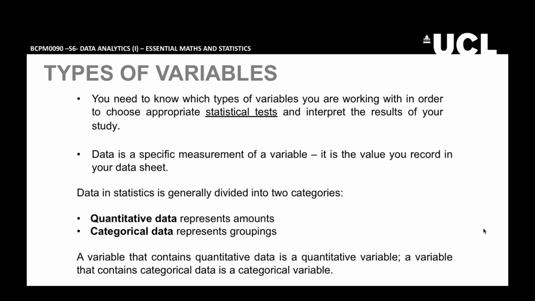We can find two main categories for data in statistics: quantitative data, which represents amounts, and categorical data, which represents grouping. Obviously, a variable that contains quantitative data will be a quantitative variable, while a variable that contains categorical data will be a categorical variable.